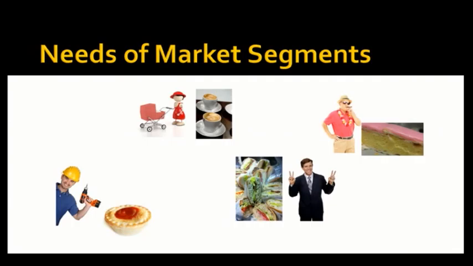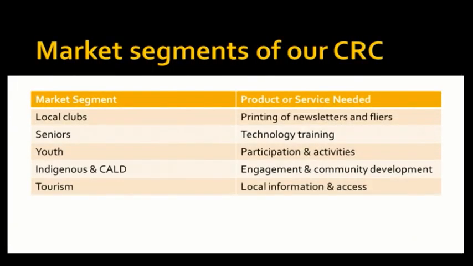Let's talk now about some of the market segments of your CRC. If you could look to page 8 of your workbook and start thinking through that. We've provided a few examples of what some of the market segments could be and what services they're going to be looking for from a CRC. You can see we've talked about local clubs looking for printing. Ross has already referred to seniors using CRCs. Some are looking for technology training.